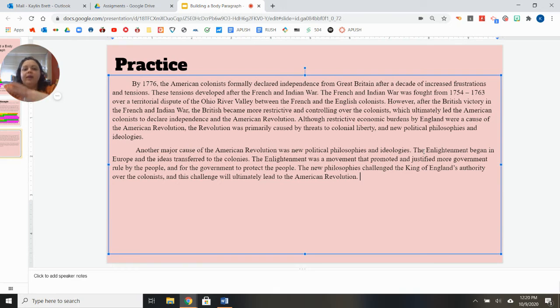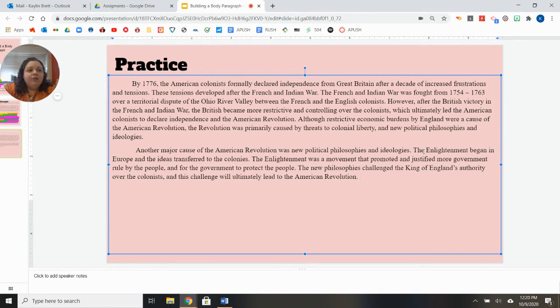All right, having to explain that this movement is going to challenge the king, and that's going to cause the American Revolution. So now we have to add another CLT, thinking about a term that maybe changed people's ideas, changed people's attitudes, changed the way people thought.